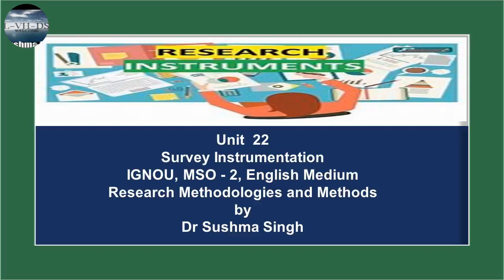The second one is equivalence. Equivalence or alternate form reliability refers to the extent to which two items measure the same concepts at the same level of difficulty. Suppose students were asked a question about their views toward technology before participating in a computer course, and again 2 months after completing it.